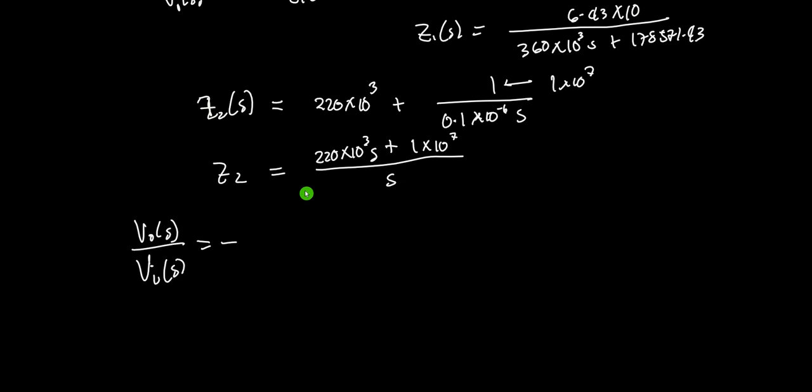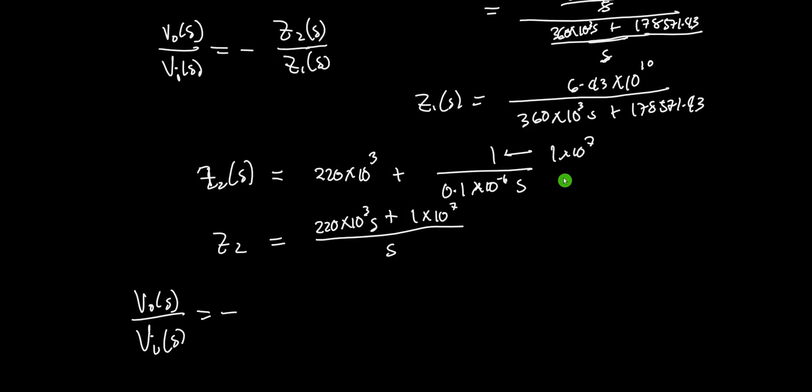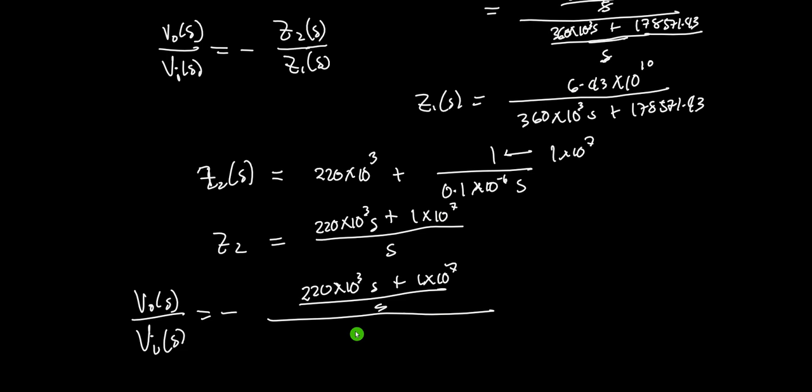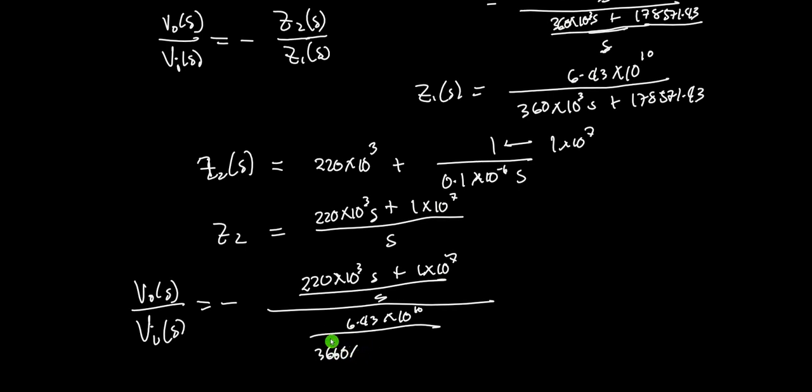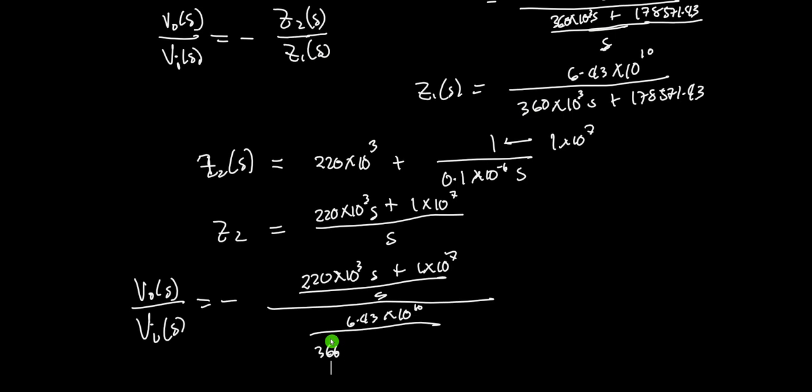This is negative Z2 all over Z1 S. So divide this with this one, and we have 220 times 10 to the 3 S plus 1 times 10 to the 7 all over S, all over 6.43 times 10 to the 10 all over 360 times 10 to the 3 S plus 178,571.43.